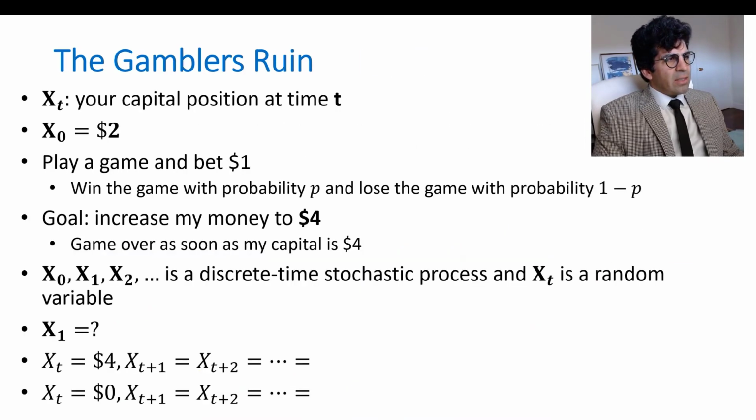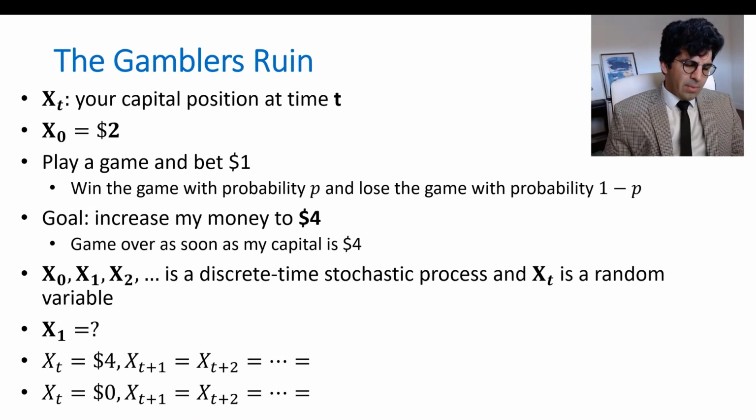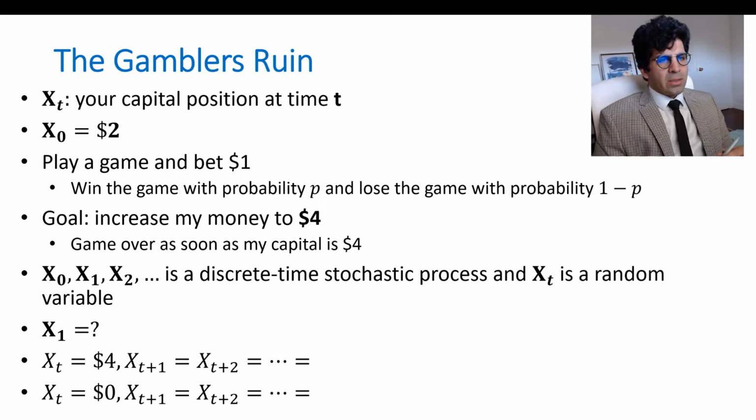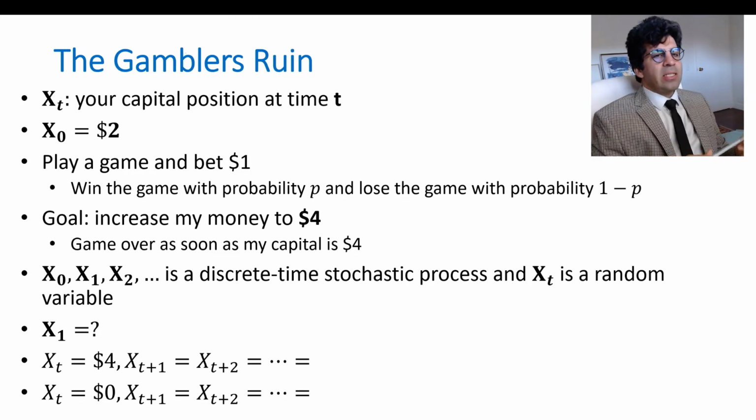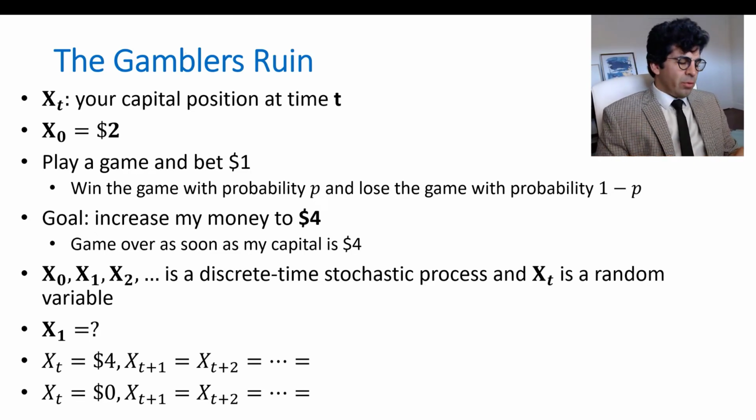So let's look at an example. Let's say we have someone, a gambler, who has $2. The characteristic of the system is the amount of money that individual has, and the states could be the dollar value, right? It starts with $2, and the game has some rules.